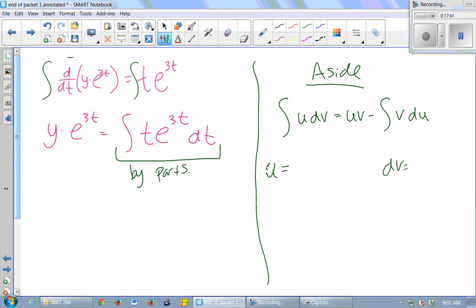If we let u be t, that's going to help us out because when you take the derivative, it just becomes 1 and things will actually get simpler. So that means that du equals dt, right? And so that leaves dv as e to the 3t dt. And that means that v would be the integral of that, which would be 1/3 e to the 3t.